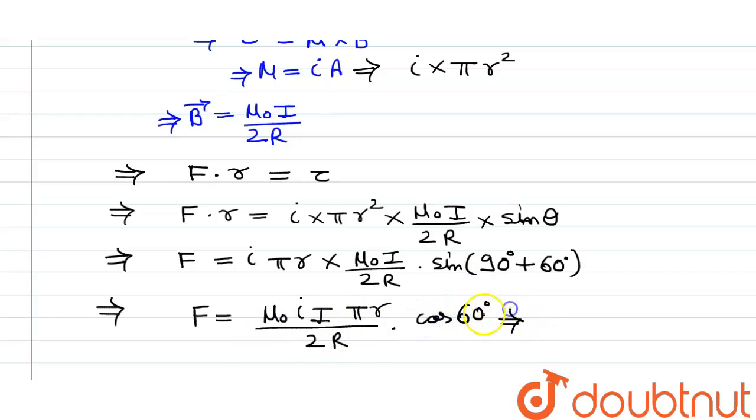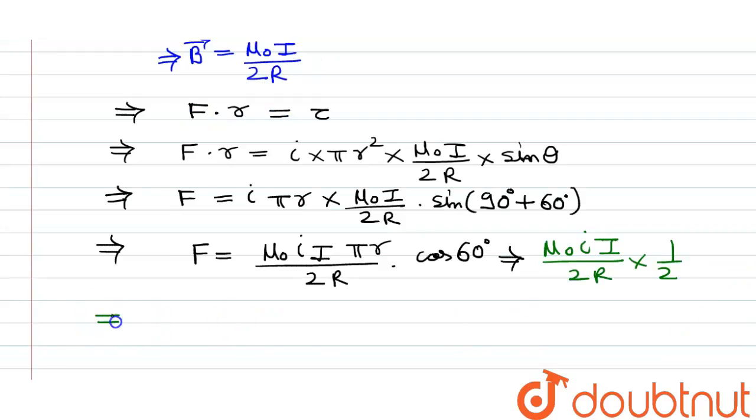So our final answer will be mu naught small I capital I pi r divided by 2 capital R multiplied by 1 by 2. So the amount of force required to keep the smaller loop fixed is mu naught small I capital I pi r divided by 4 capital R. This will be our final answer.